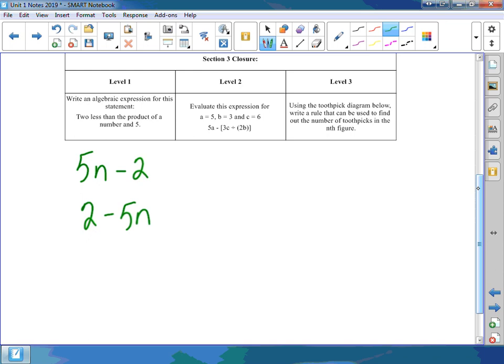So this is not the correct way to do that. The second one, you plug in the numbers to that expression to evaluate, and ultimately, if you simplify this correctly, it should come out to a final answer of 22.